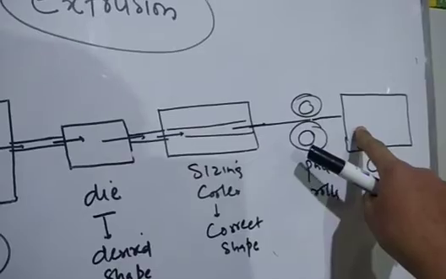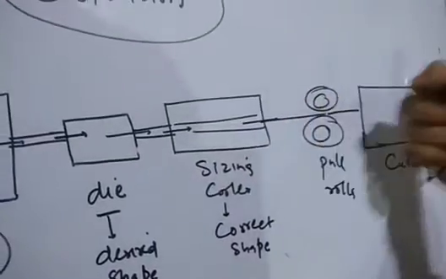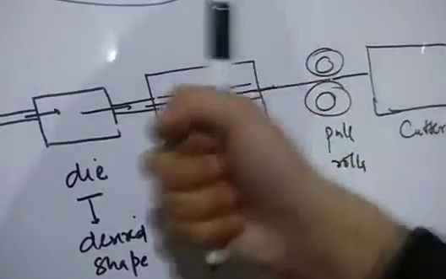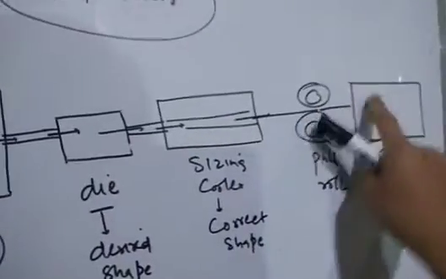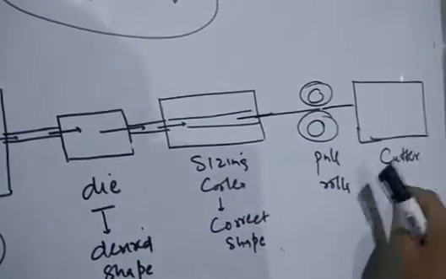Then finally, जब यहाँ से the pull rolls they will pull that product out of this, and then finally you can obtain our final product from the cutter and then you can use it for the purpose. So ये basic setup होता है extruder में.